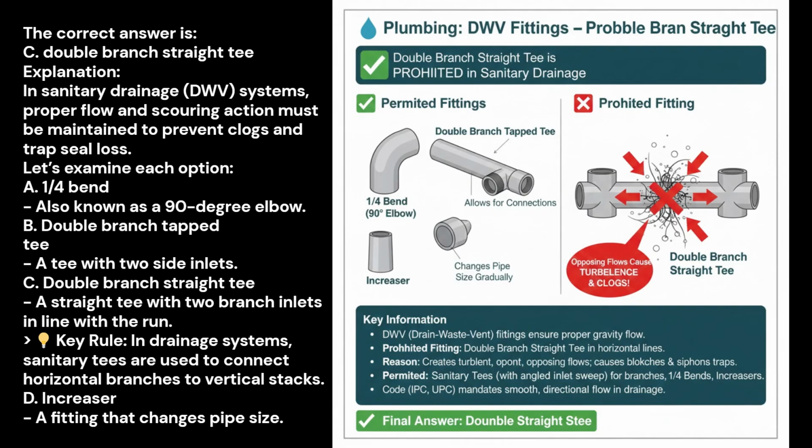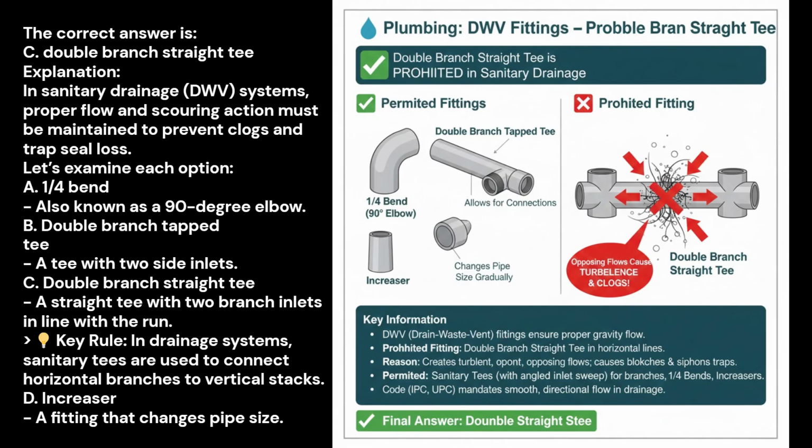Plumbing codes, IPC, UPC, specifically disallow straight Ts in horizontal to horizontal or vertical to horizontal waste drainage. Key rule. In drainage systems, sanitary Ts, with a sweeping side inlet, are used to connect horizontal branches to vertical stacks, not straight Ts. D. Increaser. A fitting that changes pipe size gradually, example, 4-inch to 3.